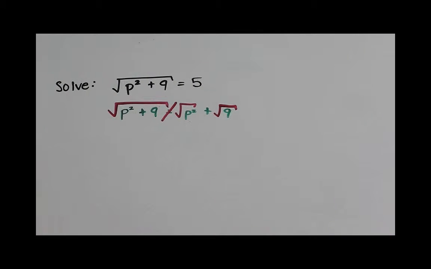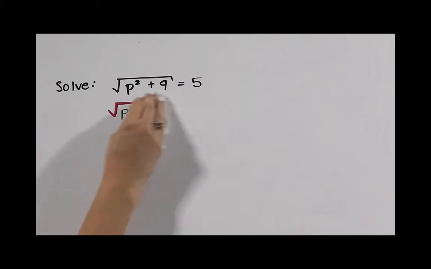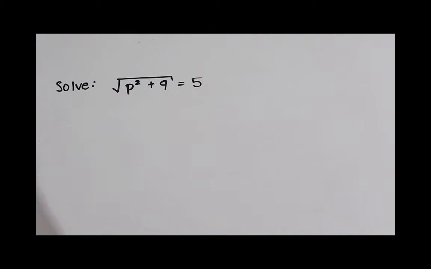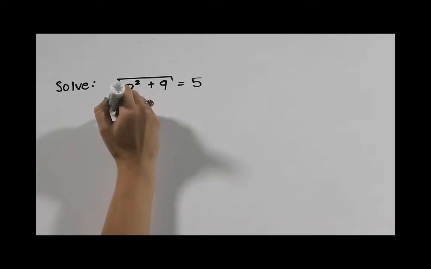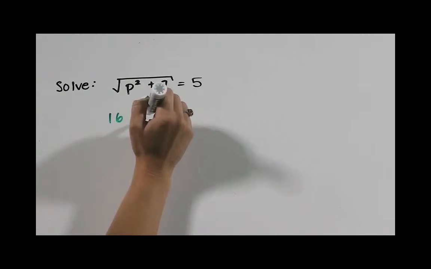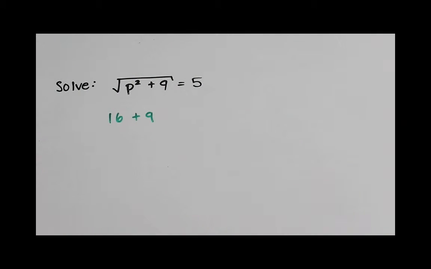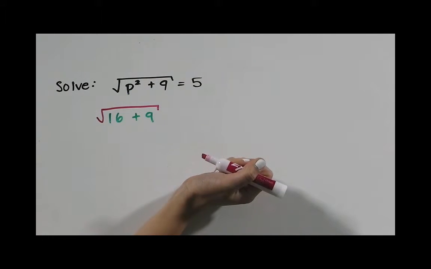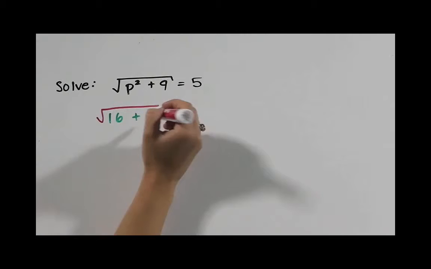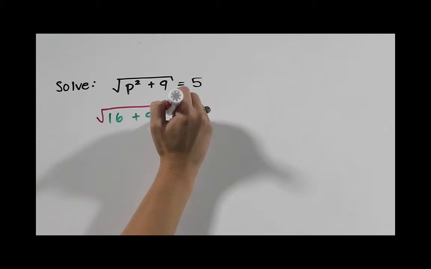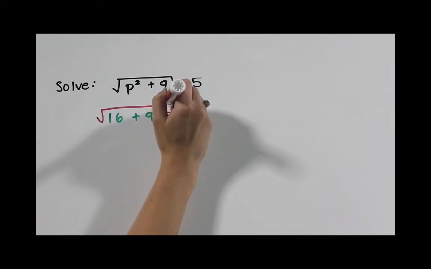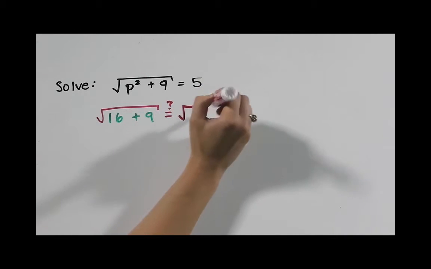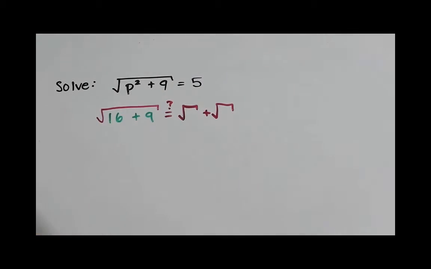Think of it this way. If you were to look at this as if you were taking the square root of two real numbers, let's say 16 plus 9, the square root of that. Now, if you took the square root of each of these separately, let's say we want to know if they're equal or not, then you'd be taking the square root of 16 plus the square root of 9.